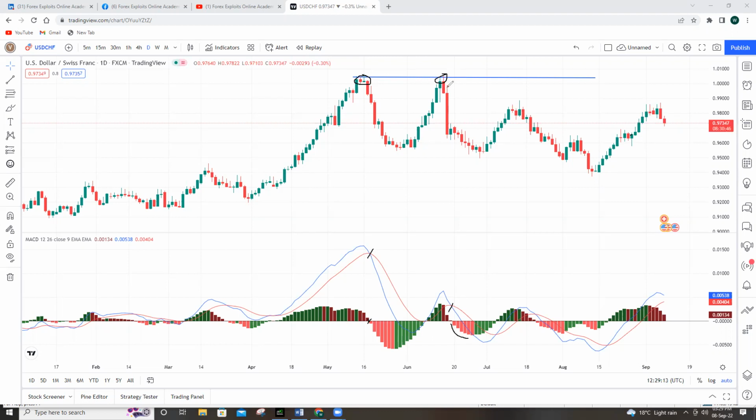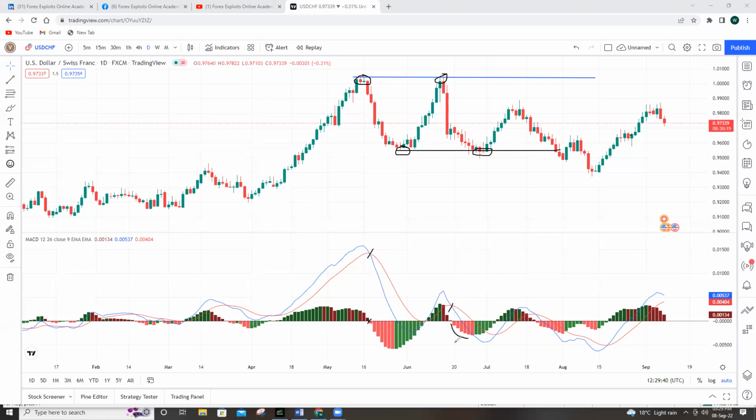Remember, the candlestick language has to be right, because your MACD may be showing everything, but if the language on a demand area is not correct, then you're going to be stopped out. So very, very important that you understand those three things.